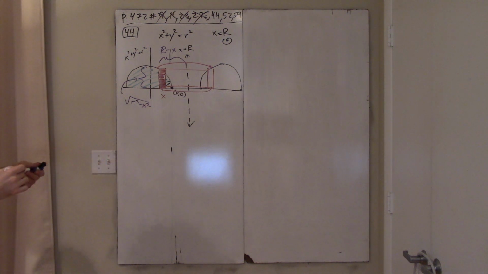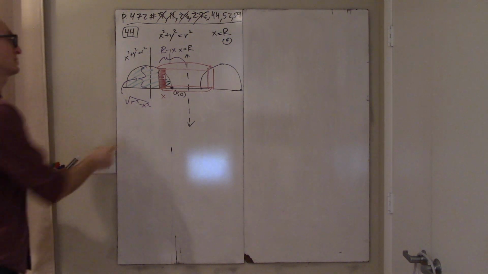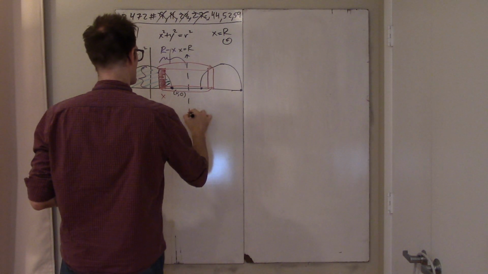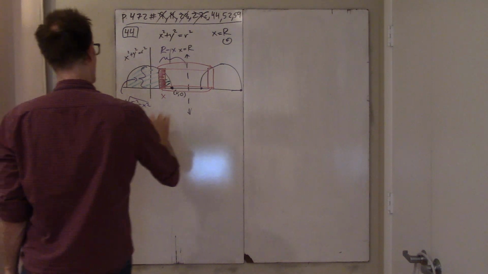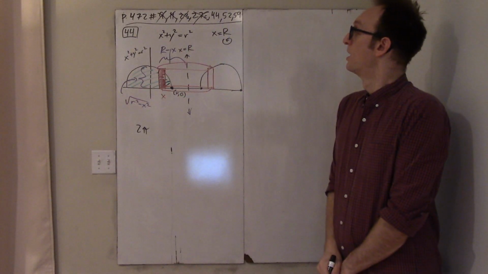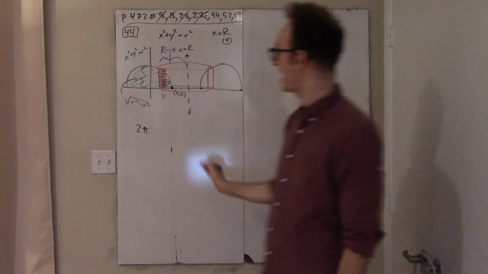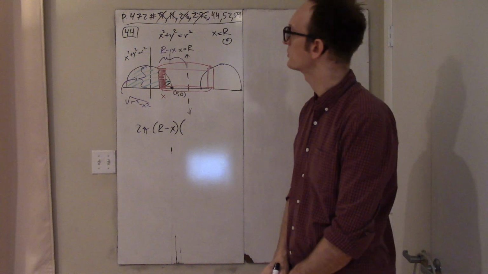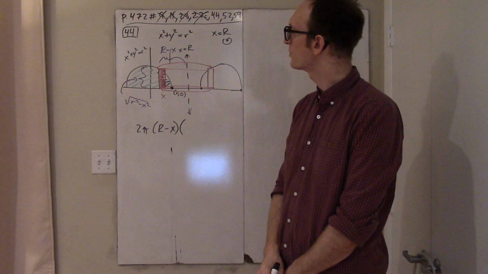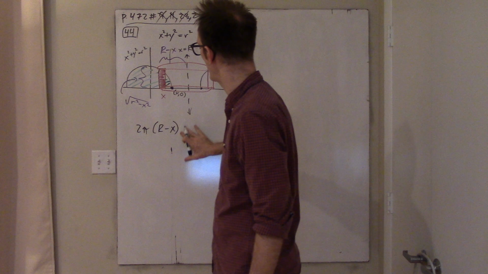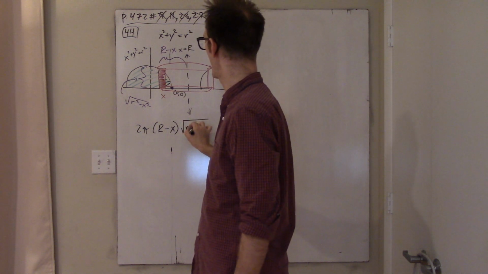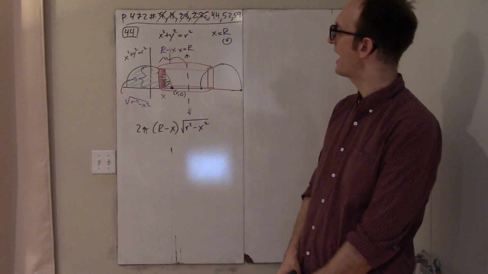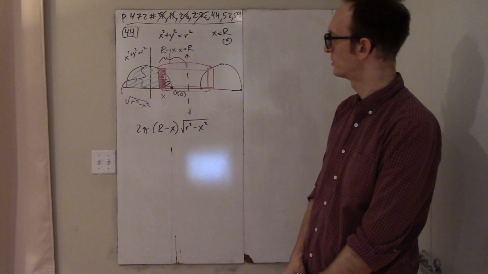Okay, so if I'm doing this correctly, and I think I am, I'm going to do it here so I can go horizontally. What I have is 2 pi, the radius of the shell, which is big R minus x, times the height of the shell, which is root r squared minus x squared, 2 pi r h dx.